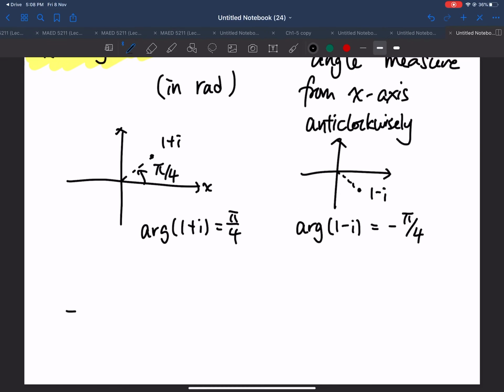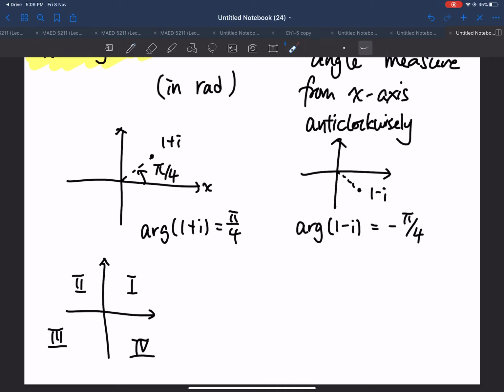In terms of quadrants, the top right is the first one: 1, 2, 3, 4. Why is it defined like this? Because in terms of polar coordinates, the angle is measured from the x-axis anti-clockwise.